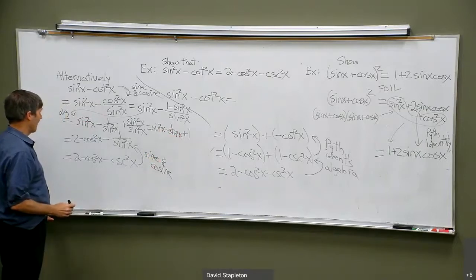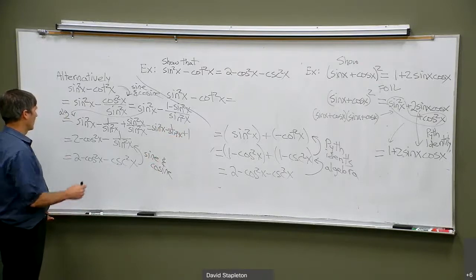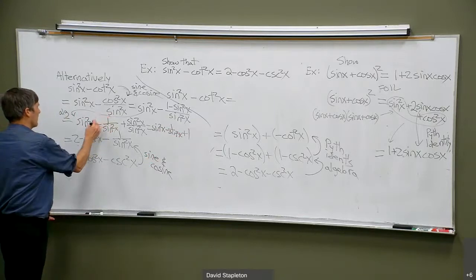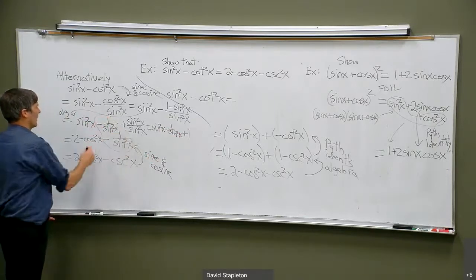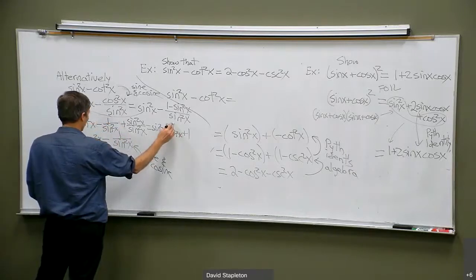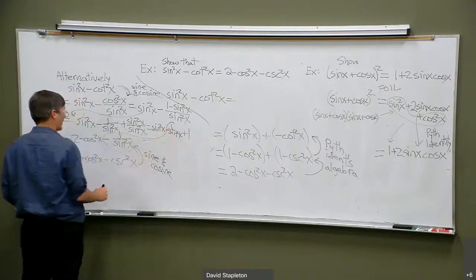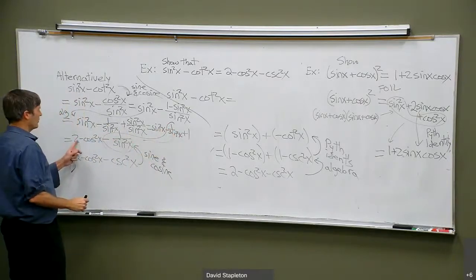These already match. Minus 1 over sine squared, minus 1 over sine squared. Well, I've got 2 minus cosine squared.